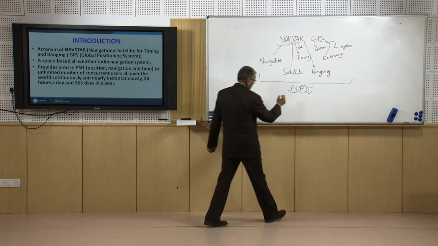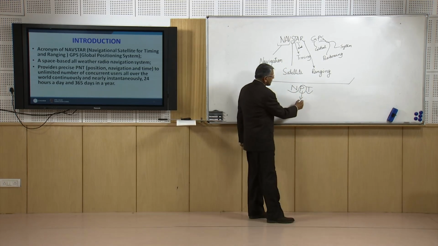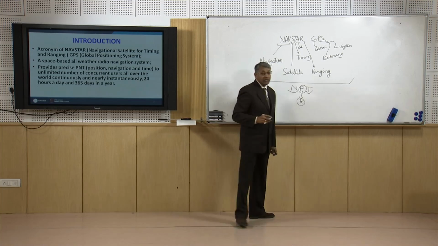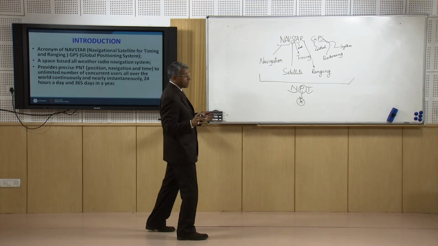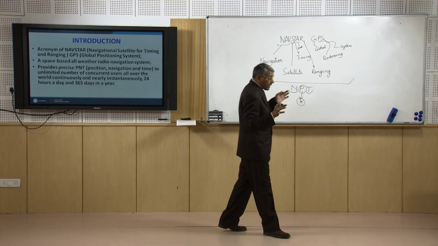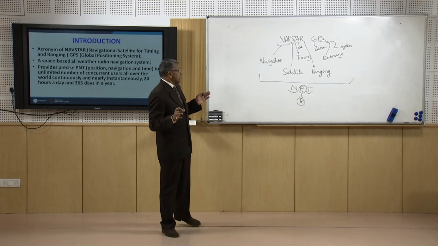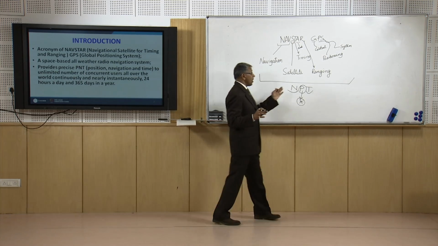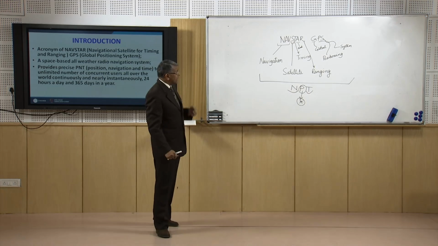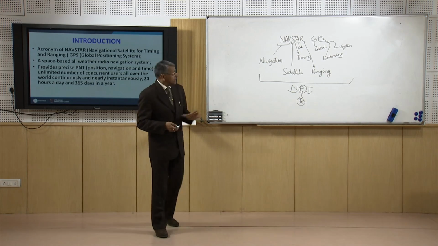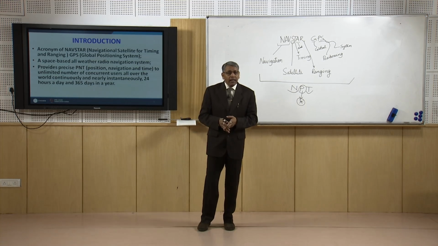However, we are concentrating on making use of GPS for finding the position of any location or station, and specifically in this course we will be using GPS for finding the location of our control point.